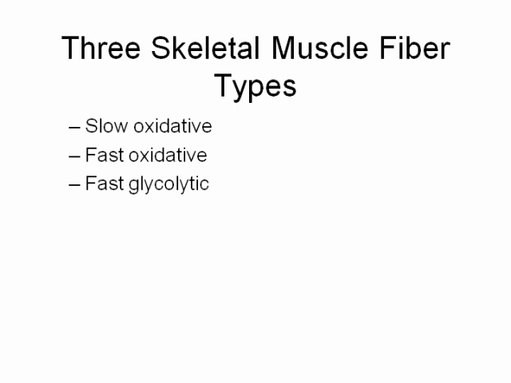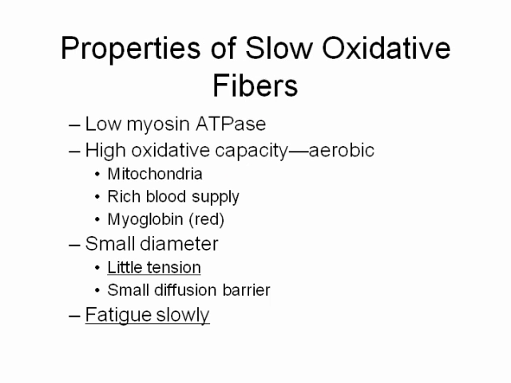So if you put it all together, you have 3 skeletal muscle fiber types: slow oxidative, fast oxidative, and fast glycolytic. And we'll look at their properties now. Slow oxidative fibers have a low myosin ATPase activity, but they have a high oxidative capacity. They're aerobic. A lot of mitochondria, rich blood supply.